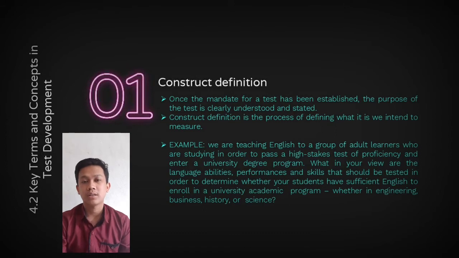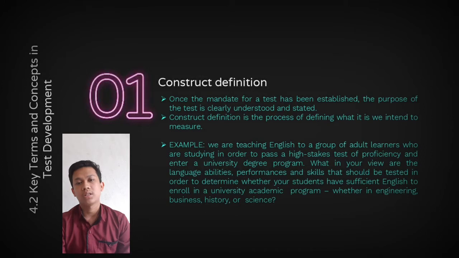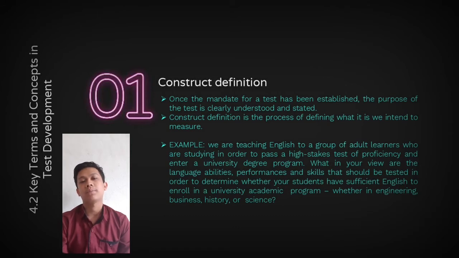decided the mandate, we are going to focus on the purpose of the test, and the purpose itself should be clearly understood and clearly stated. And here I give you an example. So let's take a look. We are teaching English to a group of adult learners who are studying in order to pass a high-stakes test of proficiency and enter a university degree program.